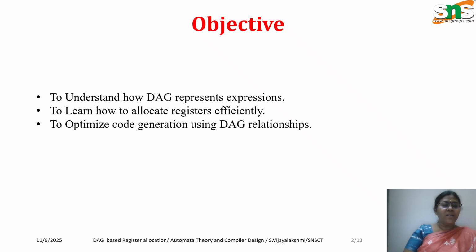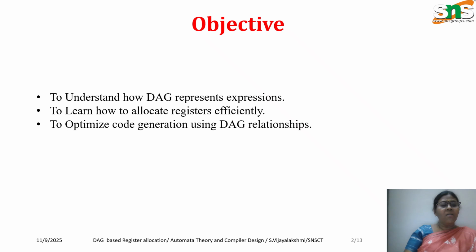We have already seen how tags help in code optimization. Now we will see how they directly impact register allocation, or usage, one of the most critical resources in machine code generation.